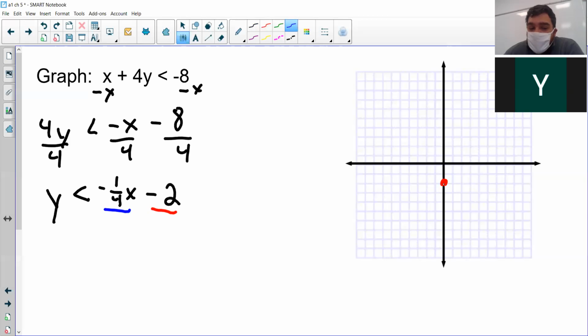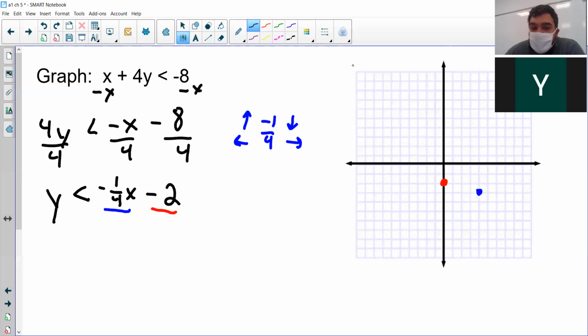Then you're going to graph the slope from the y-intercept. So this red dot over here is -1/4. So that means I go down 1. Good. Go down 1, right 4. Or you could, if you want to go the opposite direction, up and left. I'm just going to go down and right though. So down 1, then 1, 2, 3, 4 to the right.